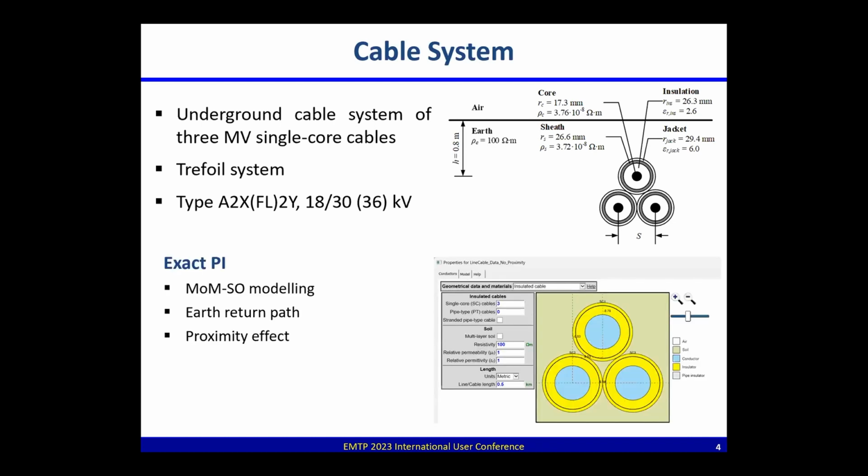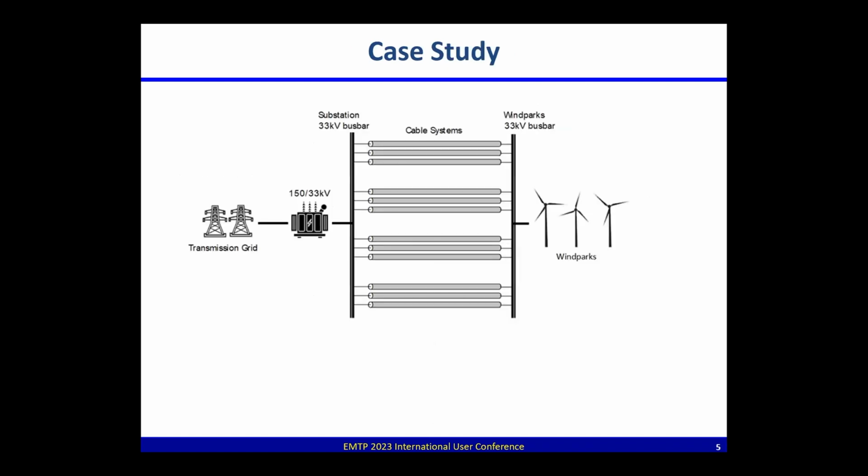And here you can see the modeling of this specific case study in the latest version of the EMTP. Of course, we use the MoMS modeling in order to have the flexibility of turning on and off the proximity effect. And we have also the ability to include or exclude the earth return path. These cables are mainly used, at least in Greece, but I suspect in other countries too, to interconnect the onshore wind parks to the main grid.